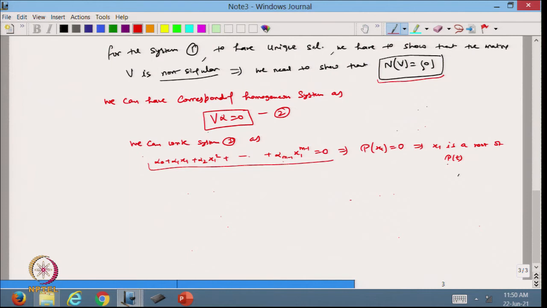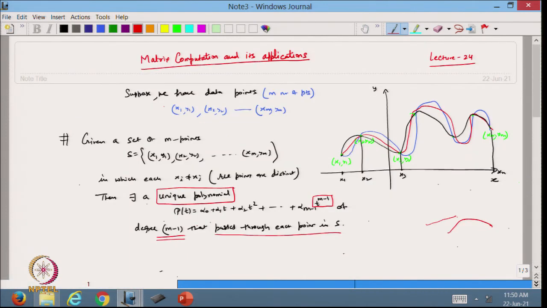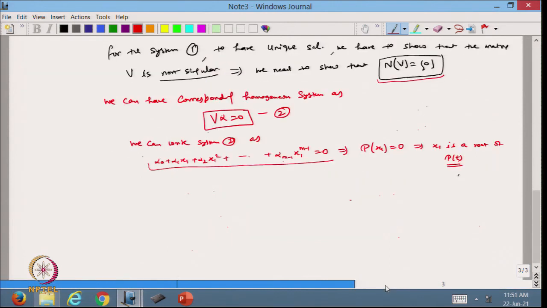So, this is the polynomial we have defined, and it shows that x1 is a root of this P(t) in this way.